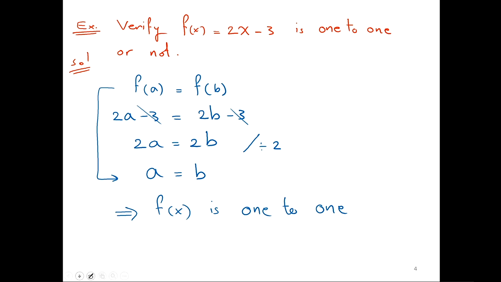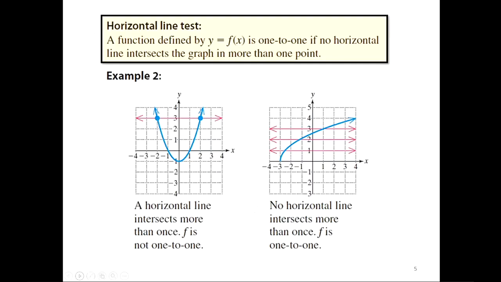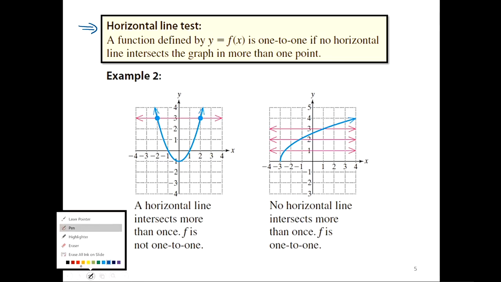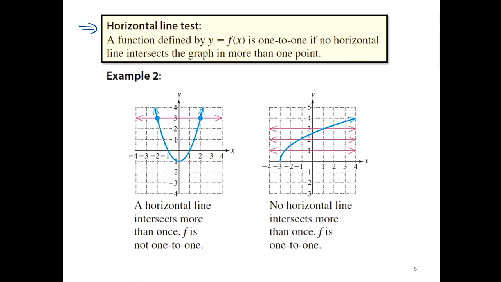Also, we have another method to check if a function is one-to-one or not, by the horizontal line test. Horizontal line test means if we have the graph of any relation or any function, and we need to show whether this graph is one-to-one or not, we put a horizontal line like this.